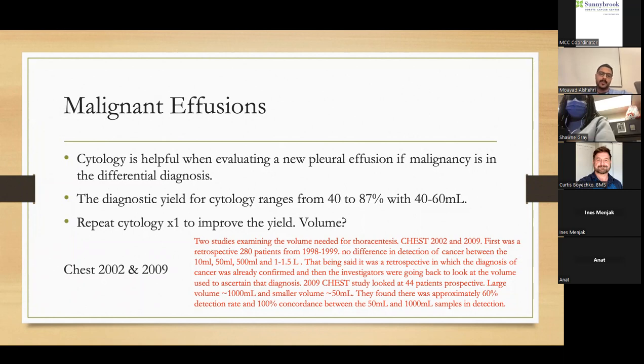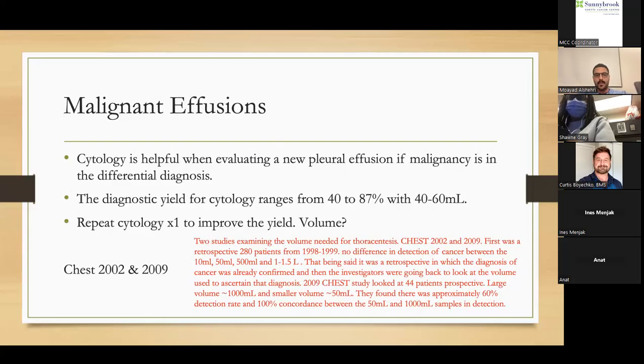The diagnostic yield for cytology ranges from 40 to 87%. There are different reports, but generally speaking, 40 to 60% in the first thoracentesis, and it can go up to 70 to 80% with the second thoracentesis. And that's why, with observational studies, anything beyond the second is not helpful.